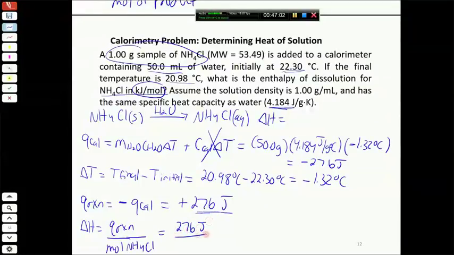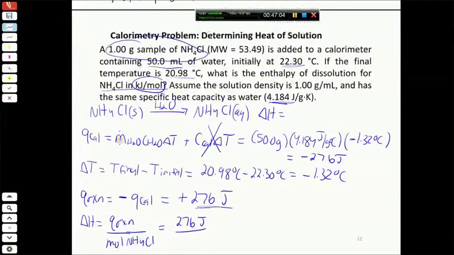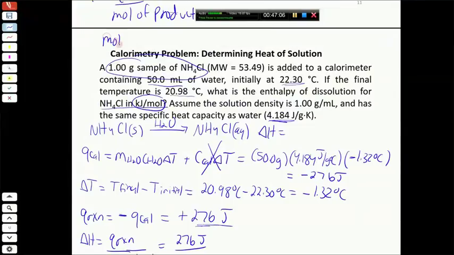And so we just need to find out how many moles of substance we used. We used 1 gram of that substance. We gave you the molar mass, and so we just divide by that to get the number of moles. The molar mass was given as 53.49.